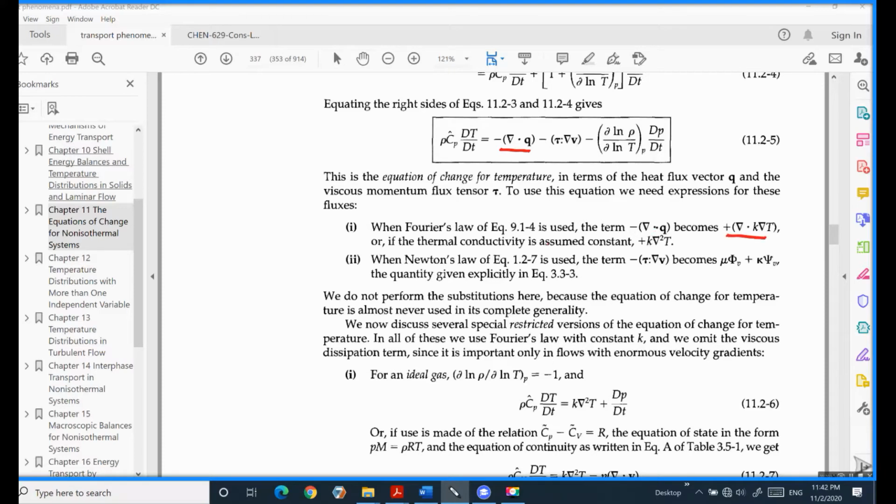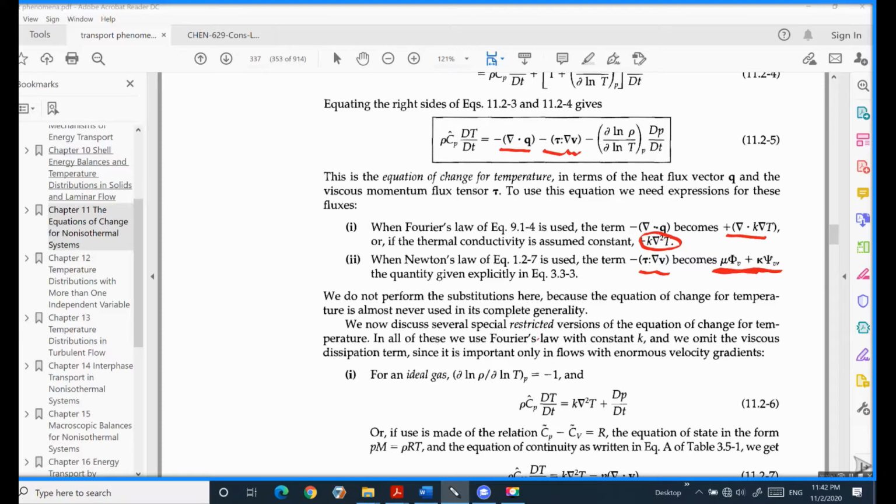For a special case, if the conductivity k of the species is constant, then we can write it in this form. Then we have this term here, the viscous forces term. We can write it in this form, like here. This is the form of the dissipation flux.